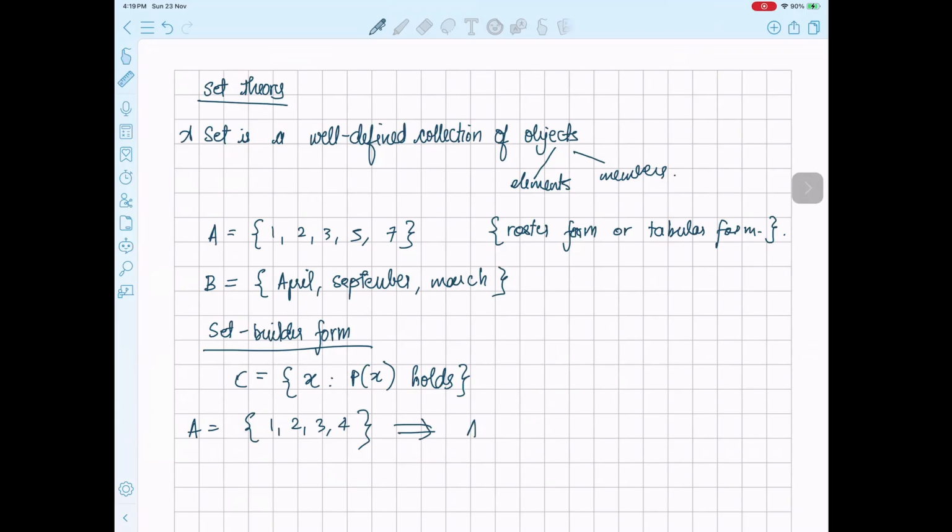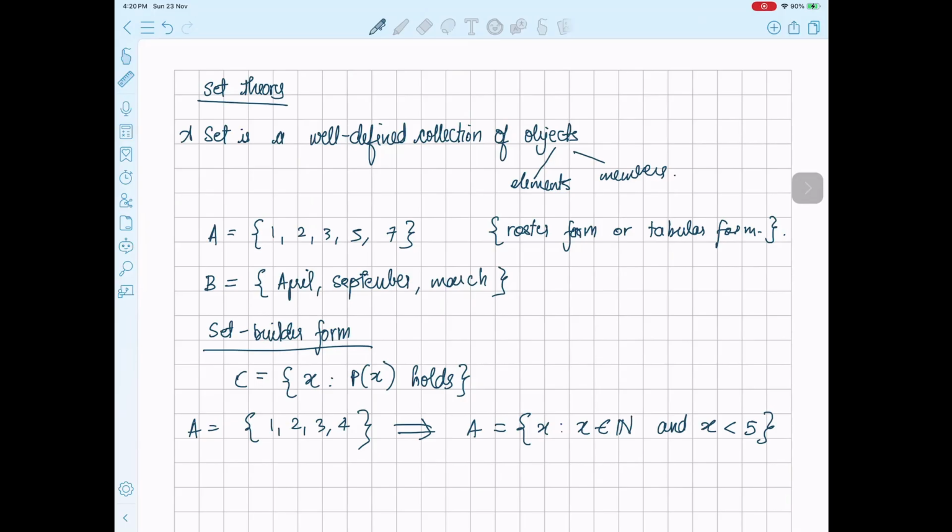Let's say we define A such that its elements belong to the set of natural numbers and all elements are less than the number 5. And this satisfies the property that all of the elements of set A hold. So this is the set builder form of the first set. When you define it by a formula or a property that all of the elements hold, then it is a set.